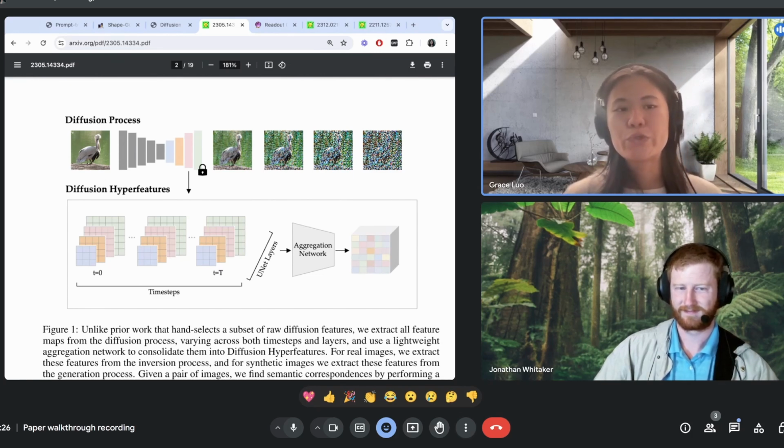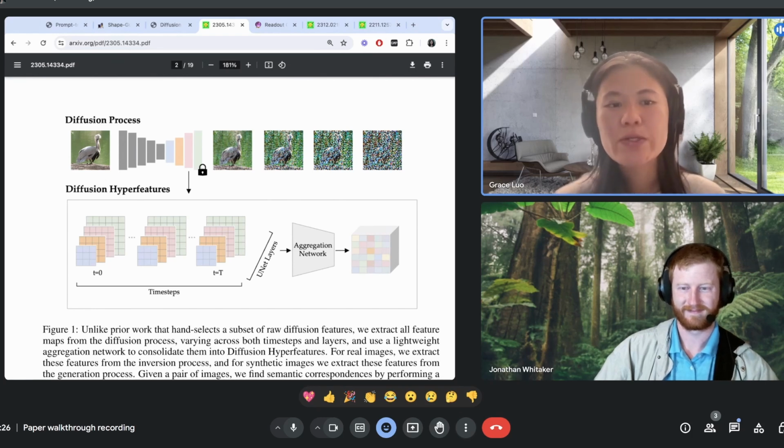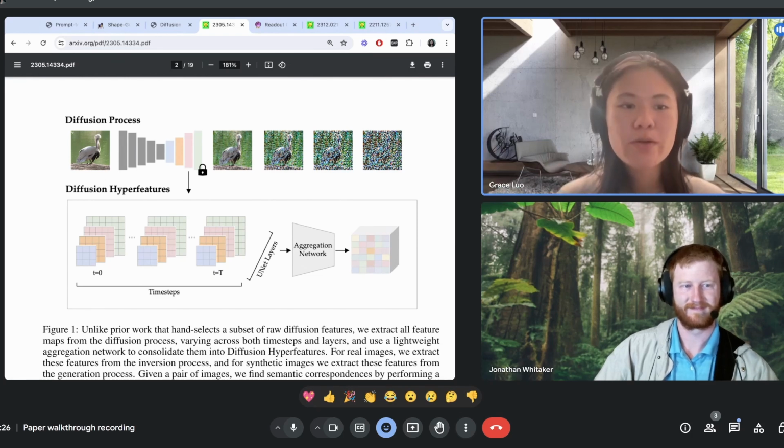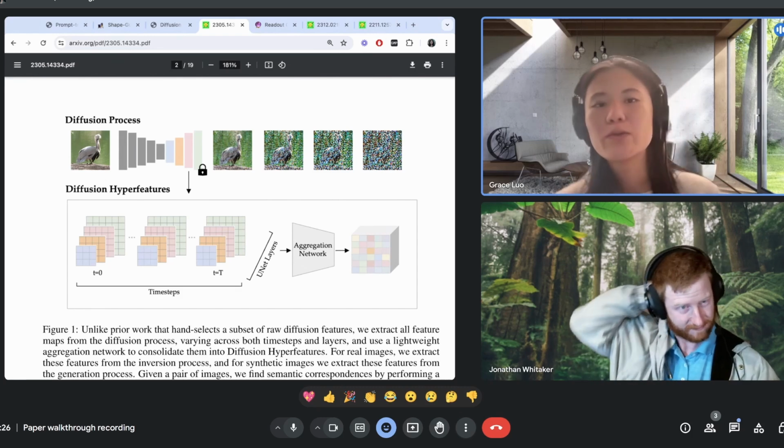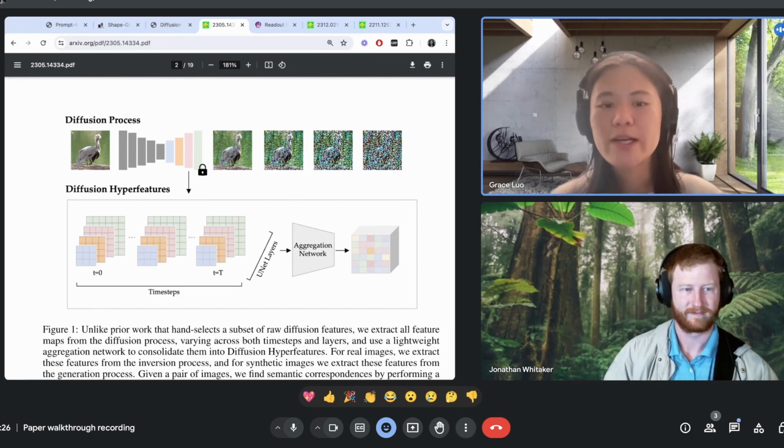In order to handle this very heterogeneous set of features, to handle the resolution issue, where everything is a different resolution, we simply bilinearly interpolate these feature maps to some fixed spatial resolution, which we find performs reasonably well. And to handle the difference in channel count, in our aggregation network we have a set of layers or convolutions that convert from the original channel count of the base model to some fixed predetermined channel count that we choose.